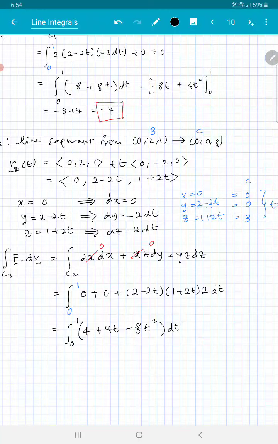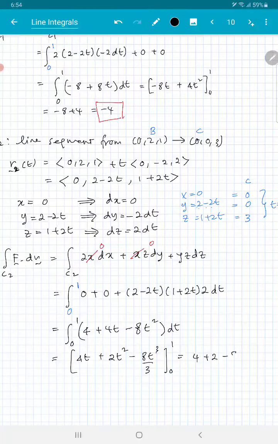Okay, now integrating 4, we get 4t, and here we have 2t squared minus 8t cubed over 3. Replacing t with the upper and lower limits, so here you get 4 plus 2 minus 8 over 3. What is that? 6 minus 8 over 3.